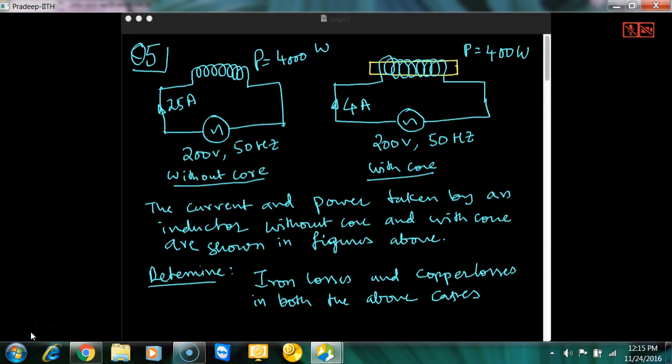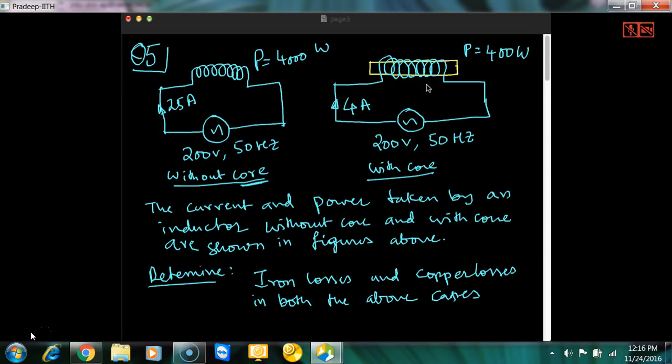So what you notice is, when it is without core, the current was more, 25 amperes. But the moment the core is introduced, the current reduced to 4 amperes. So what is the reason for reduction of this current? By introducing the core, you are increasing the inductance of the coil.